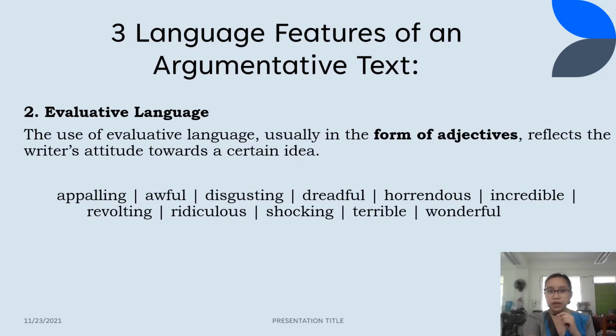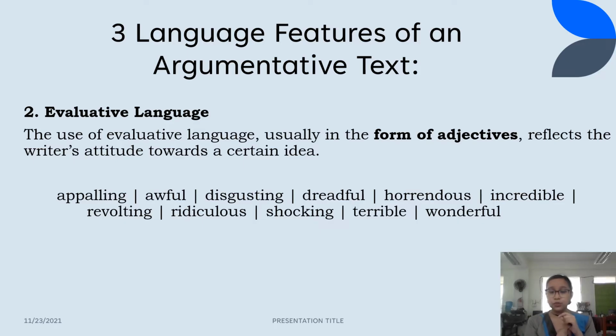Number 2, we have evaluative language. Ano pinagkaiba na to? Di ba yung sa persuasive text, meron tayong emotive language. Ito naman, evaluative language. The use of evaluative language, usually in the form of adjectives, reflects the writer's attitude towards a certain idea. Actually, parehas lang sila.